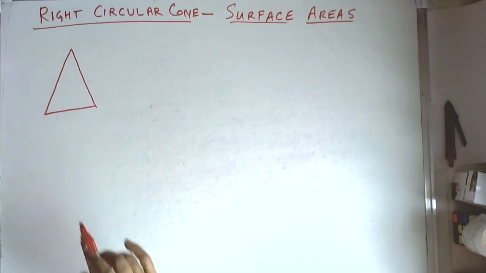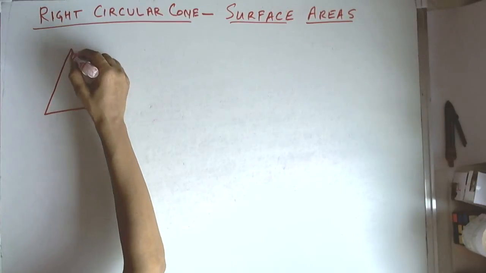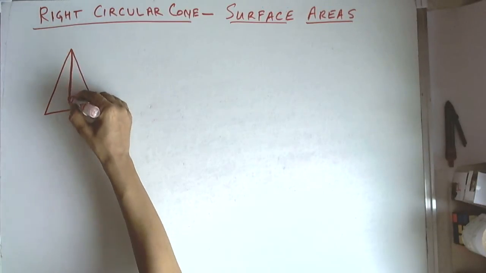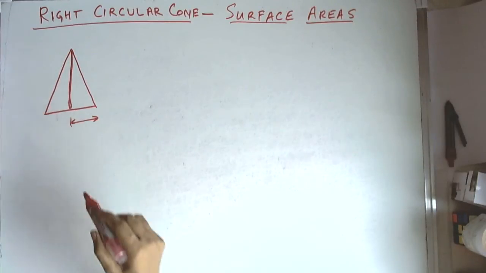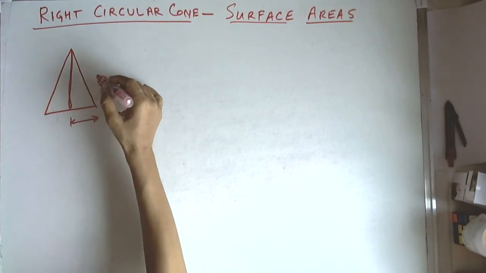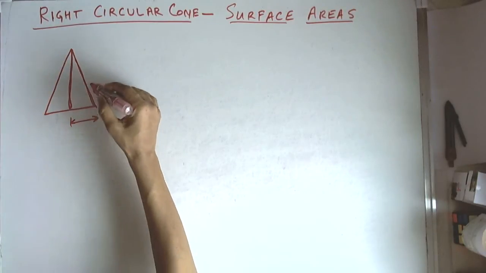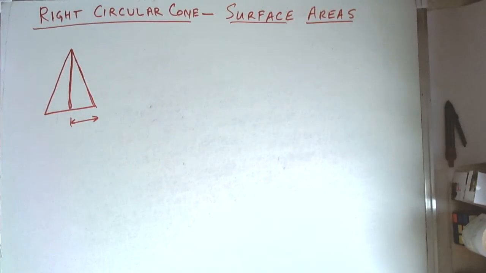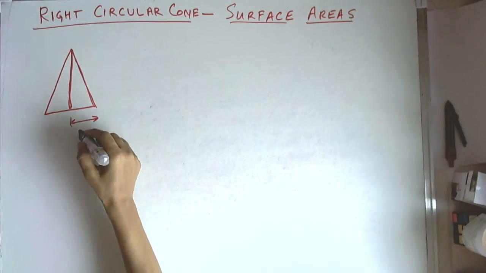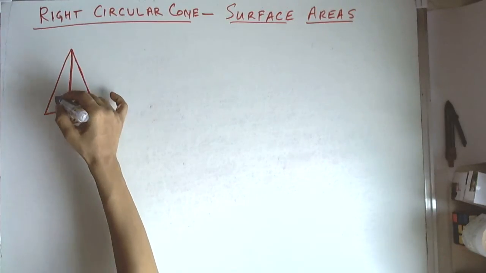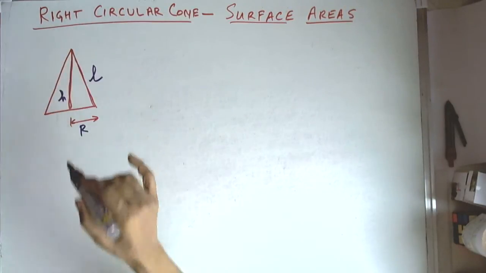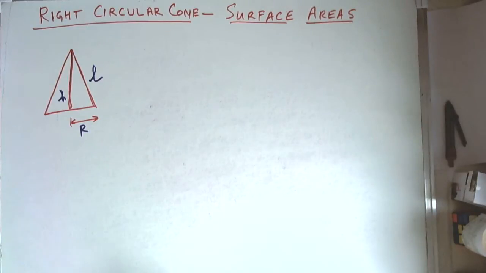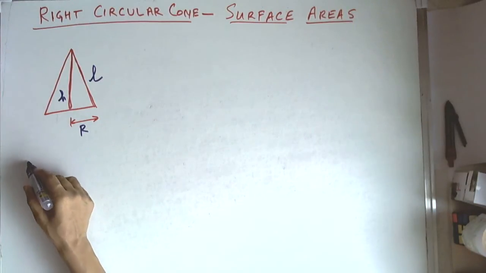Now this cone has three things we should understand first: the height from the base, the radius of the circle in the base, and this slant length. So there are three things: radius r, height h, and slant length l.